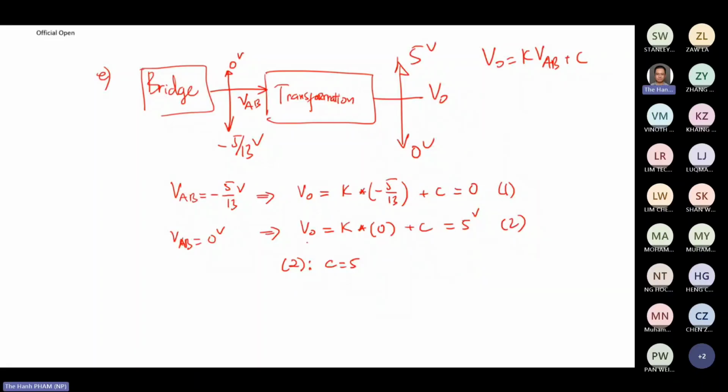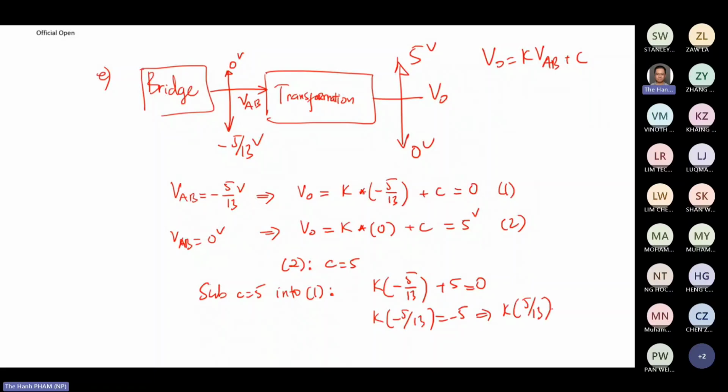If you sub C equal to 5 into 1, K times minus 5 over 13 plus 5 is 0, so K times minus 5 over 13 is minus 5, and K should be 13 times 5 over 5. So this one is 13. Correct? So it should be 13.